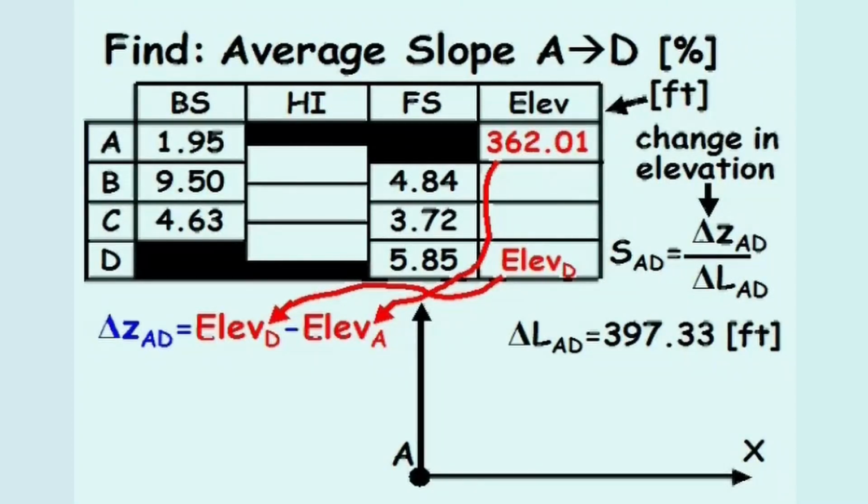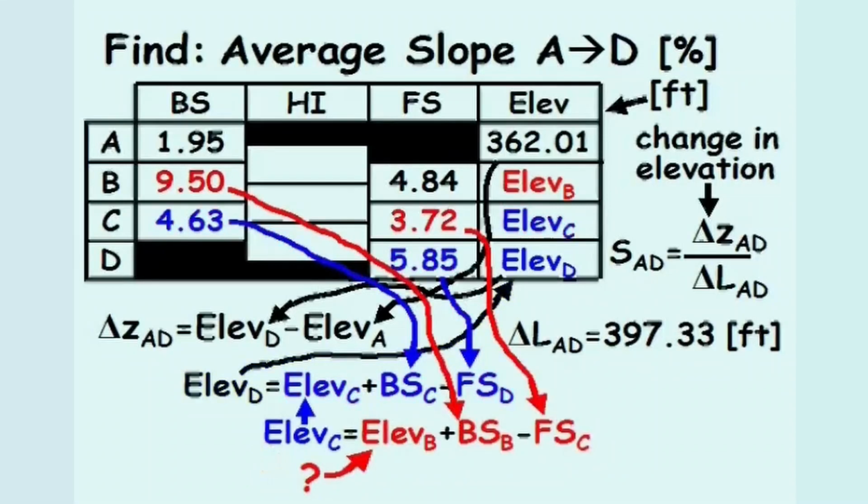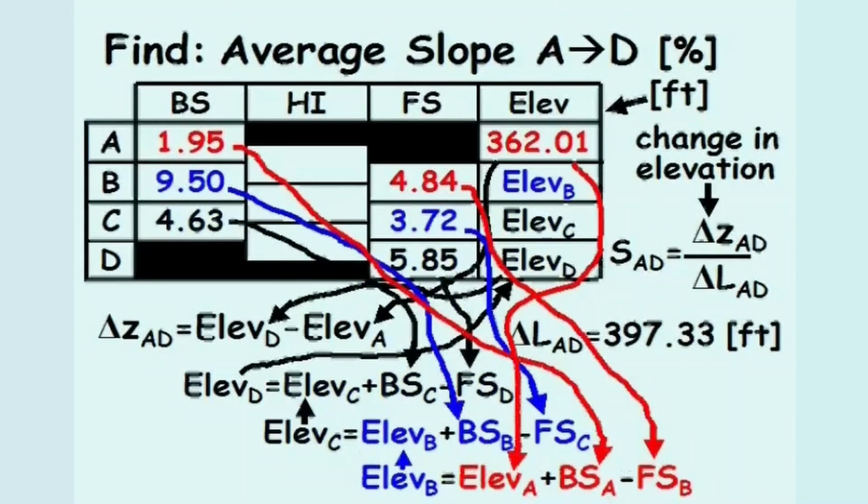We can find the elevation at point D by adding the elevation at point C to the backsight reading to point C minus the foresight reading to point D. The survey data provides the backsight to point C and the foresight to point D, but not the elevation of point C. We'll write a similar equation for the elevation at point C, and a third equation for the elevation at point B.